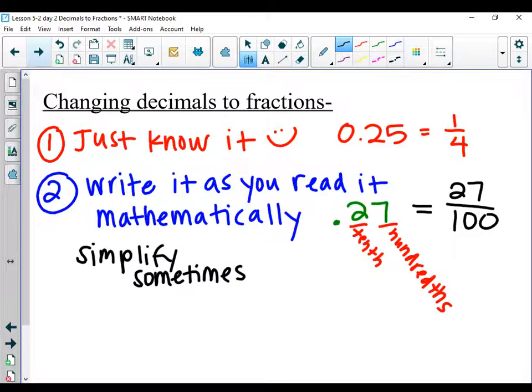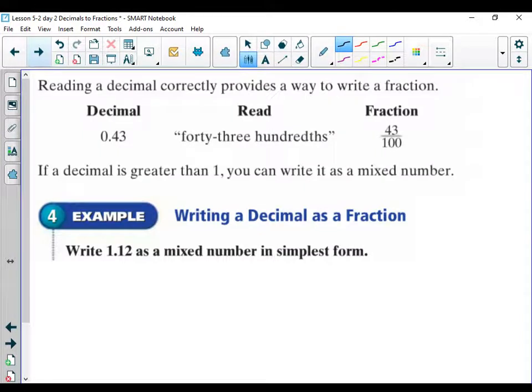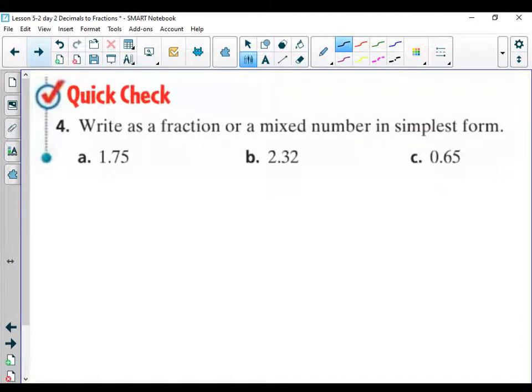So we have some examples to do. Again, some people might just know 0.75 really fast and quick. Your other option, if you don't know it, there is a 5 in the hundredths place, 75 hundredths.